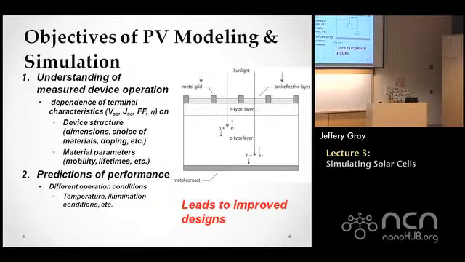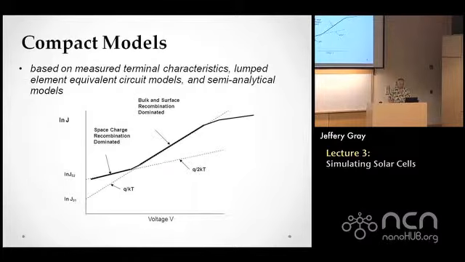Or if you're testing in the laboratory at 25 degrees Celsius and you take the solar cell out into the wild and put it under the sun, it's going to heat up significantly, from 20 Celsius to 40 or even more, and how is its performance going to be under those conditions? Those are all sorts of things that modeling and simulation can be used for. And hopefully the use of the modeling and the simulation will lead to improved designs.